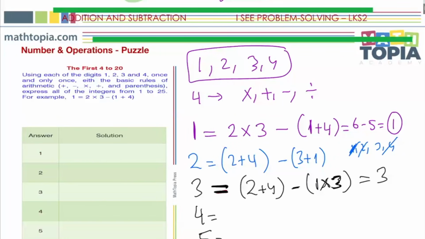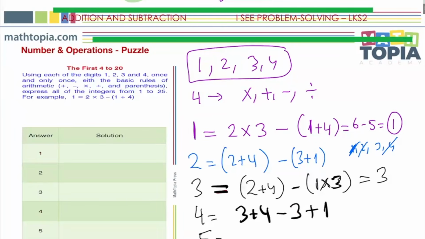What about 3 plus 4? 3 plus 4. 7. Yes, sorry. Then you could just take away 3, and that would give you 4.